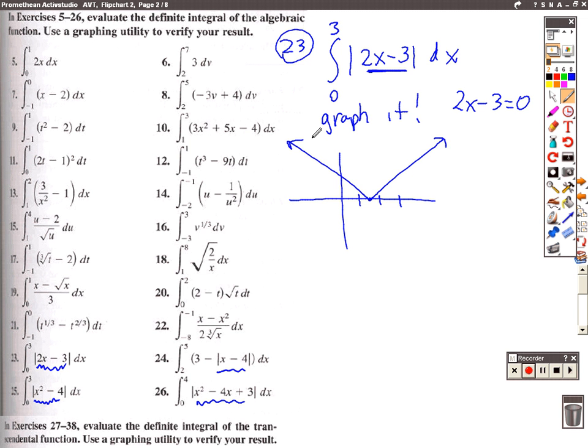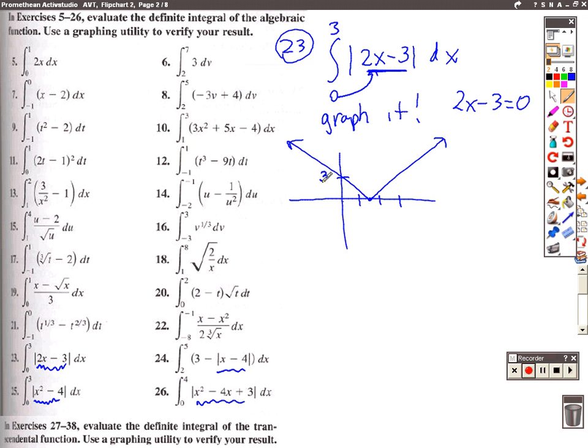I only plotted the vertex and then I just graphed the function. What I need to know is what is the value of the function when x is 0? So if I plug 0 in here, I get -3. And the absolute value of -3 is +3.